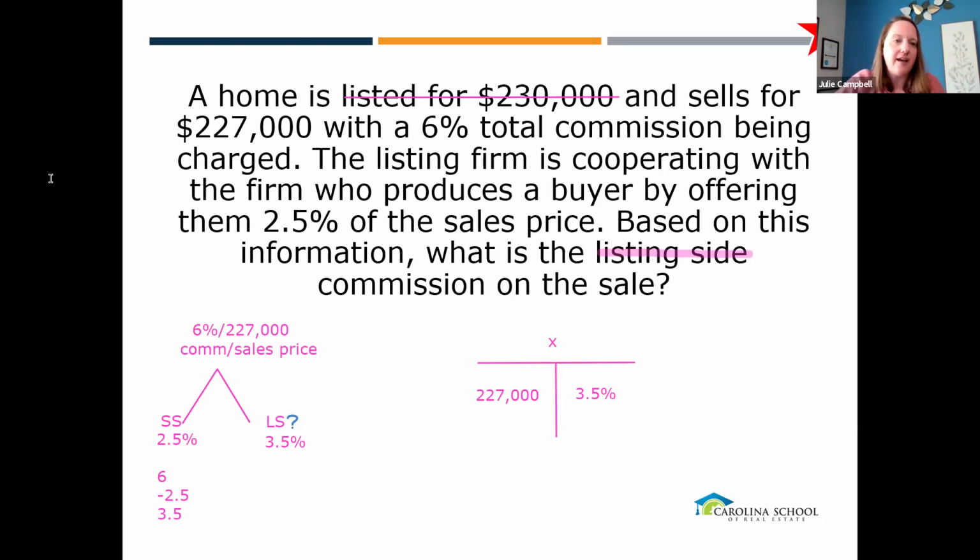So you know you're working down, you have your map as your guide, and you know that line right there means multiply. So then we take 227,000 times 3.5%. And how much is the side going to collect? $7,945.